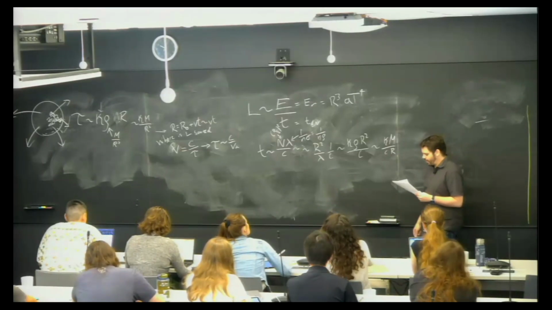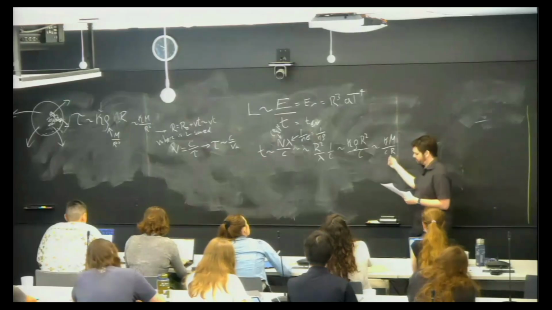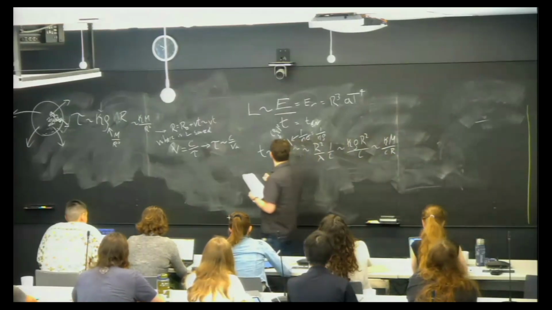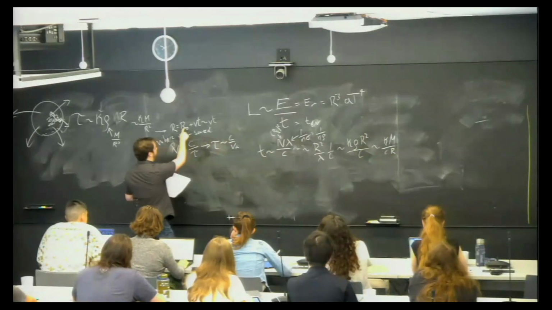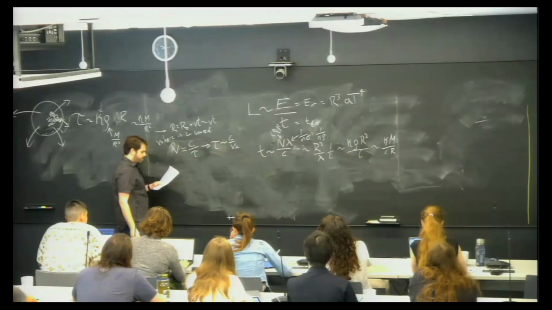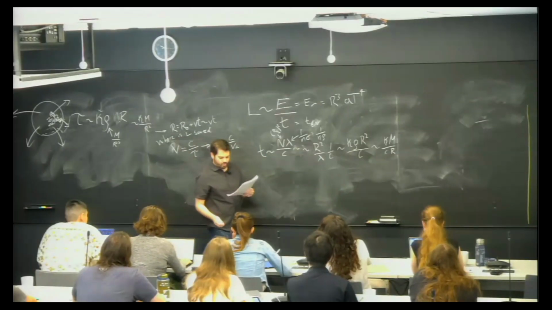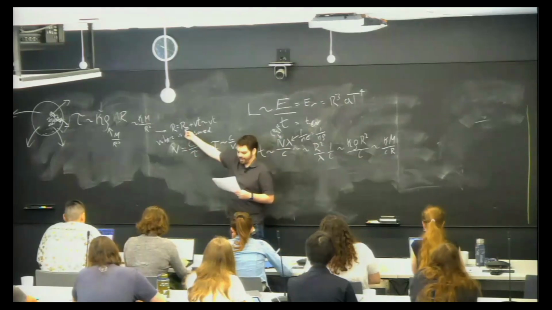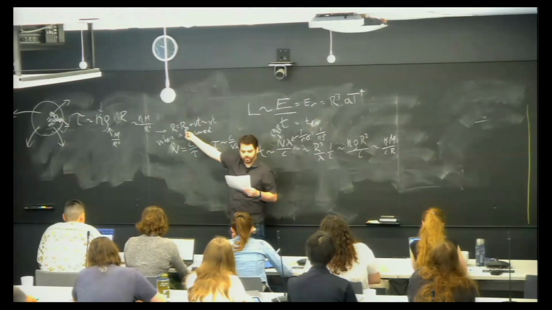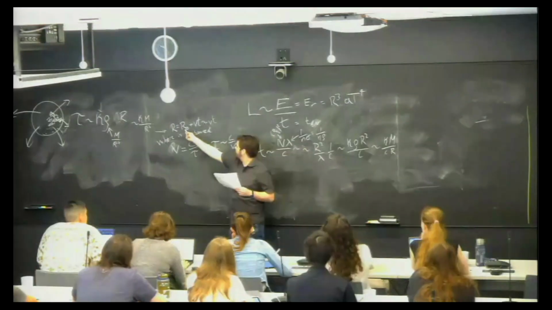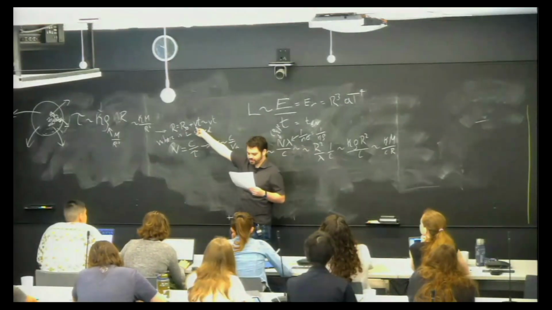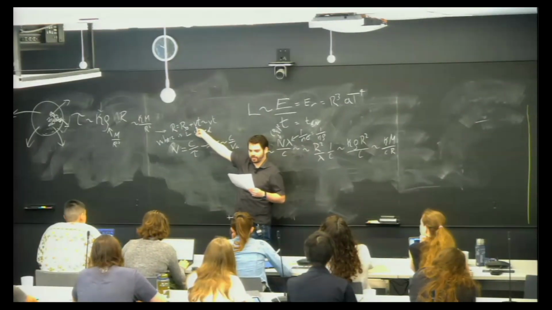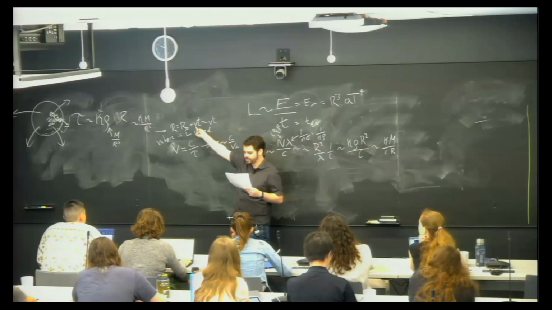But my radius here is changing. In this one-zone model, we've written down that r goes like vt. You can actually ask, when does this become equivalent? 1,000 solar radii, your initial radius, is something like 10 to the 14 centimeters. 10,000 kilometers per second is something like 10 to the 9 centimeters per second.